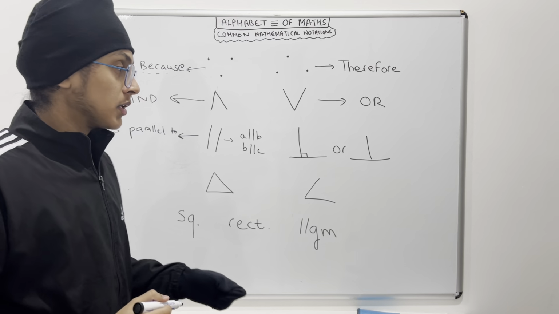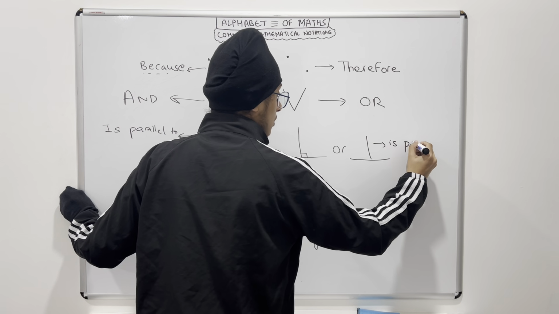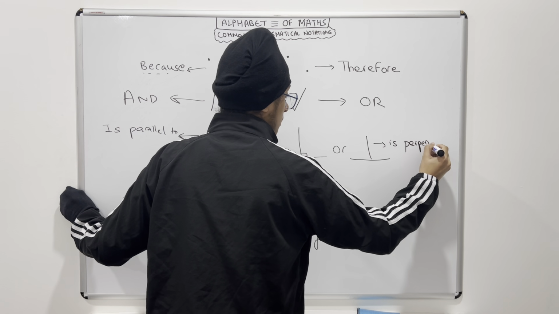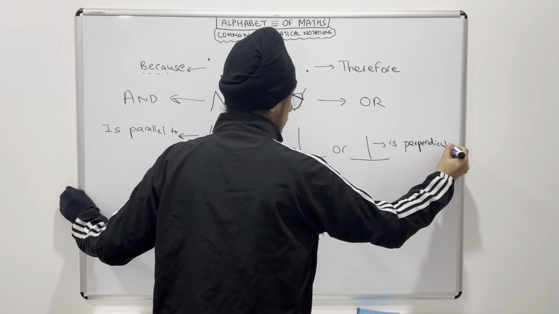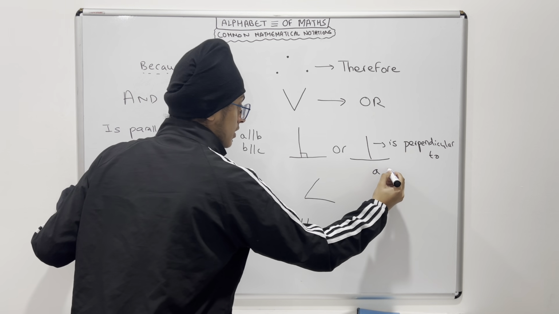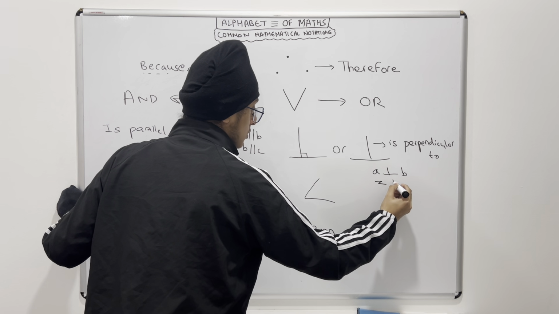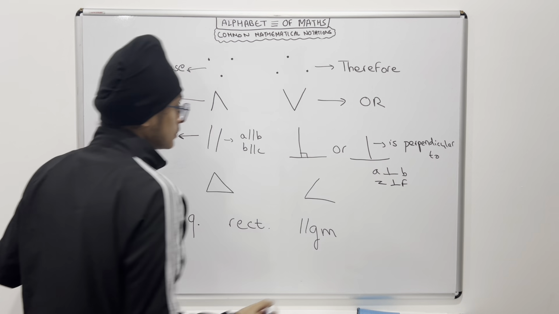This means perpendicular, or is perpendicular to. For example, A is perpendicular to B or Z is perpendicular to F.